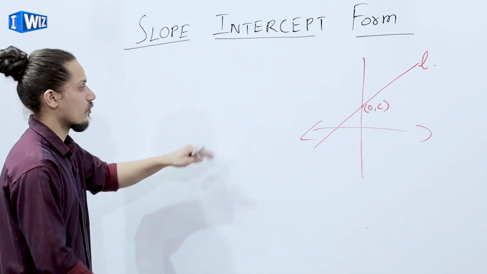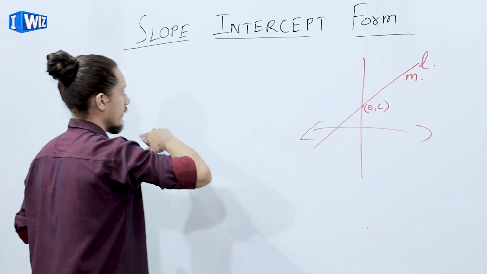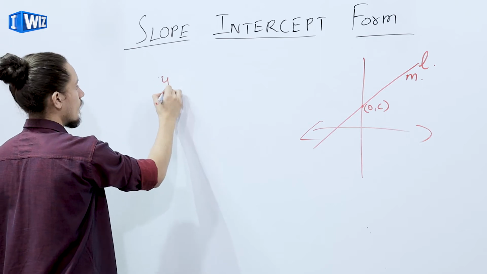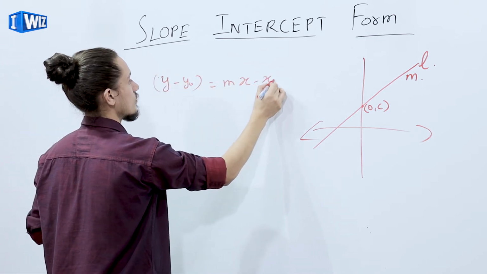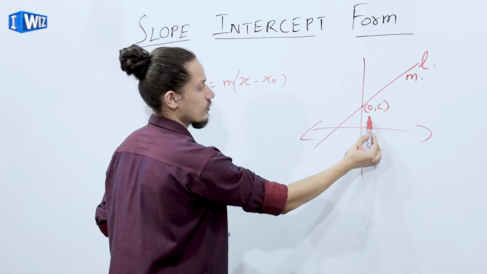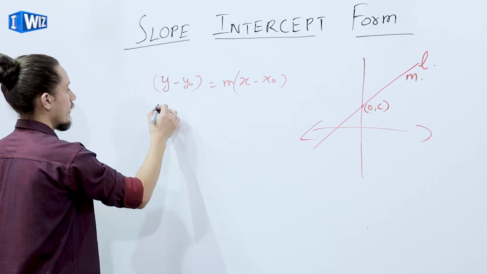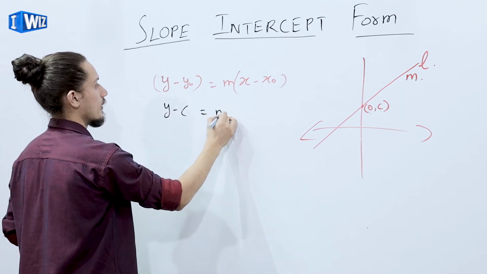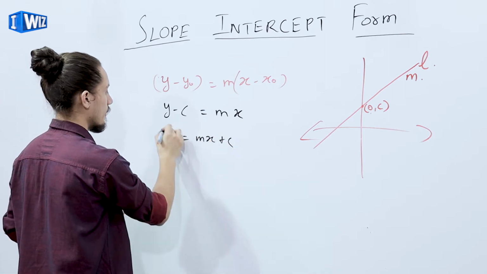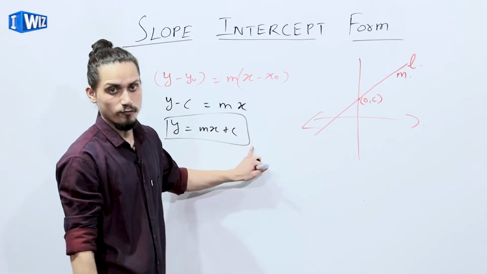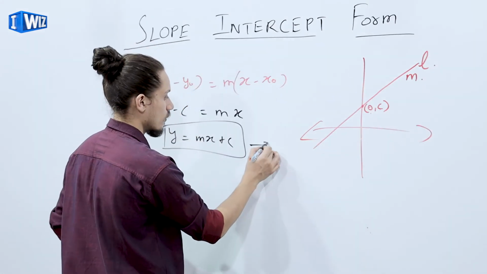Using point slope form we can write, say its slope is m, y minus y naught is equal to m times x minus x naught. यहाँ हमारे पास x naught है 0 and y naught है c, so we'll get y minus c is equal to m times x, or y is equal to mx plus c. Now this is an intercept form, but इसमें सिर्फ y axis को हमने intercept करा हुआ है. So this is called y intercept.